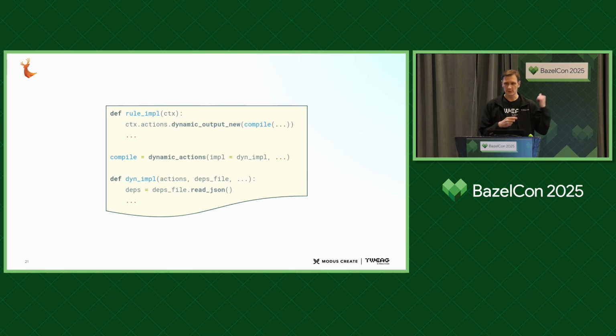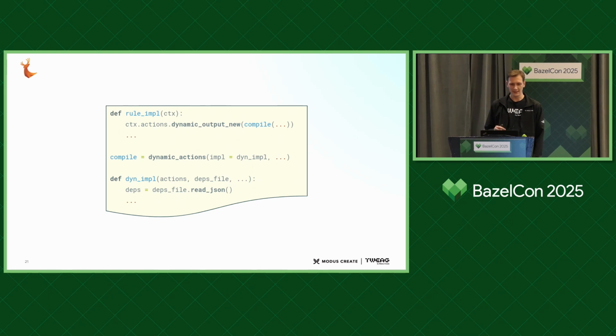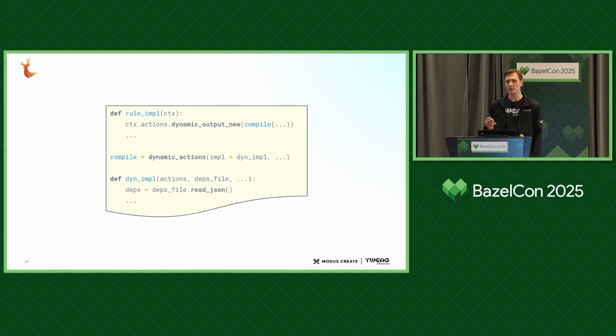And so if you're wondering, this is what this looks like in the Starlark API. So within our rule implementation function, there is a special action called dynamic output new, and presumably at some point in the future, just dynamic output. And you pass that a dynamic actions object, and you create one of those similarly to how you define a rule. There's a global function that you call, and you give it an implementation function and a set of attributes.